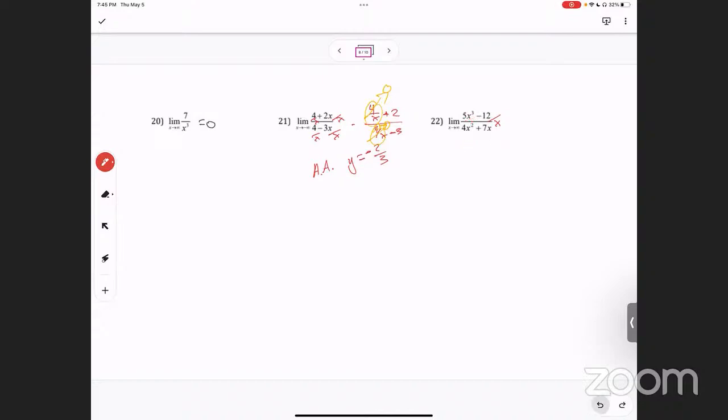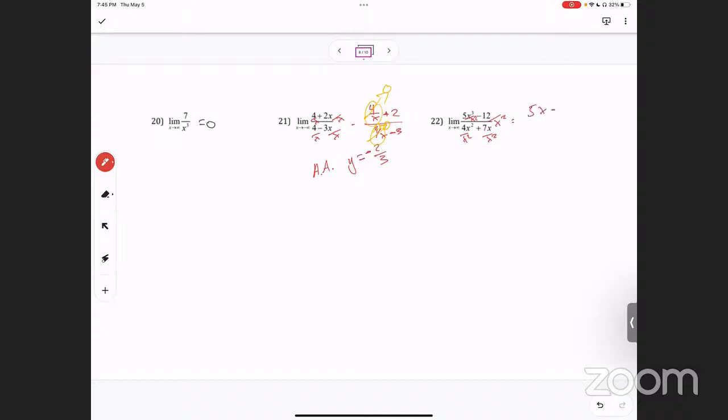If I divide everything by x cubed, everything will go to 0 except for the 5. Nope, I can't do that because then I'll have 0 in the denominator. That's why I was doing x squared. Divide everything by x squared.